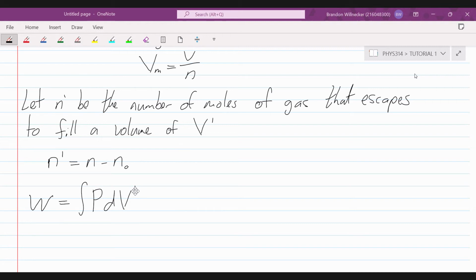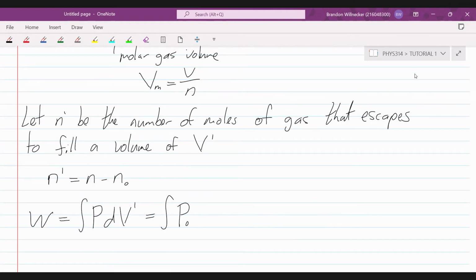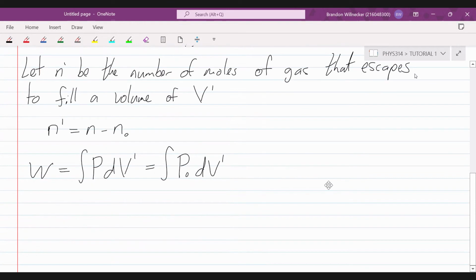So this is going to be the integral of P naught. That's the escape pressure, the pressure being used to fill up that volume V prime. So integral P naught dV prime. Or you could just write dV, but I like the prime because it shows which system we're working with.